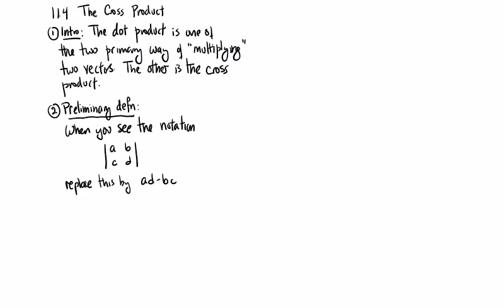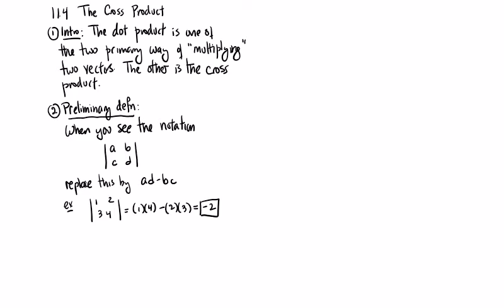So it's the product of the upper left and the lower right minus the product of the other two. So for example, if you see 1, 2, 3, 4, you would replace that by 1 times 4 minus 2 times 3. That's 4 minus 6 is negative 2, and that would be the number that you would get. So, like I said, this is the determinant of a 2x2 matrix.